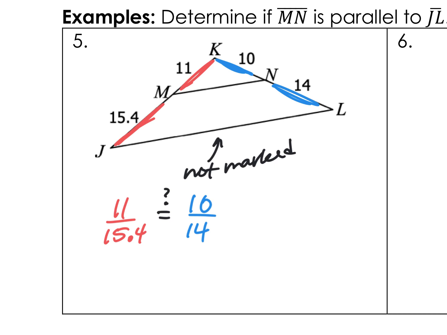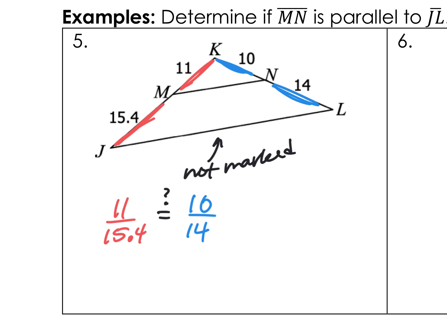Okay, you can check it, and you can do this a couple ways. Just like we just did on the check-in, you can do 11 divided by 15.4 in your calculator. It gives me this crazy decimal of 0.71. 10 divided by 14 gets me the same decimal. So that's one way to do it.